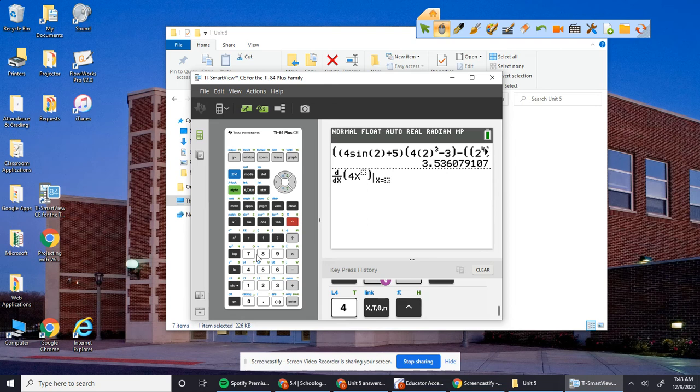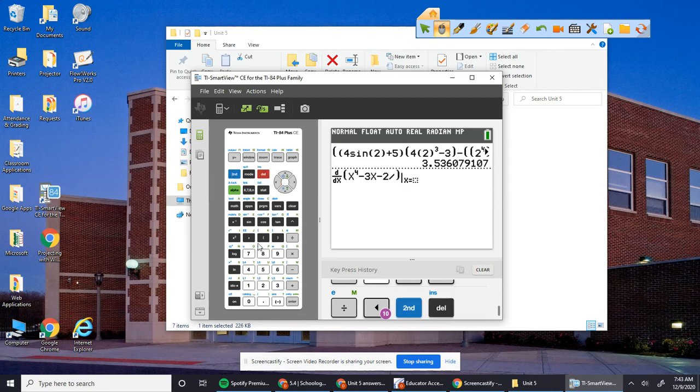That would be x to the fourth minus 3x minus 2, and then we're going to take that and divide it. I need parentheses, sorry.